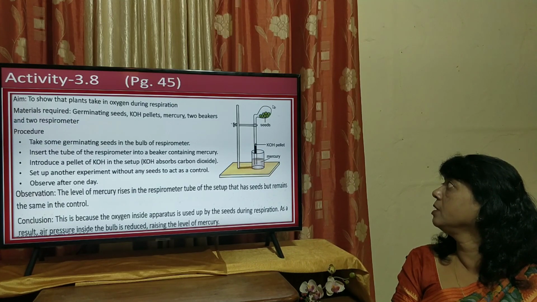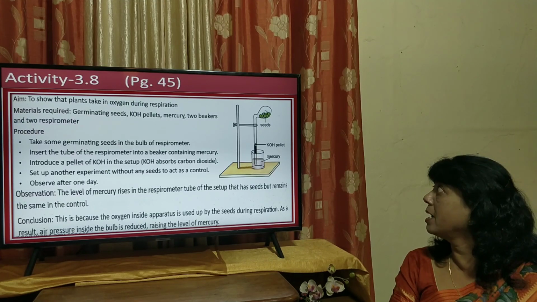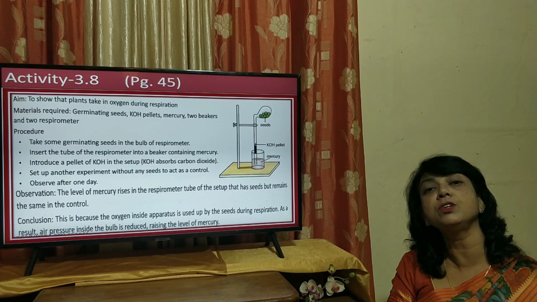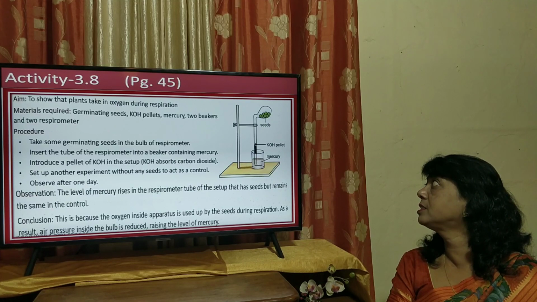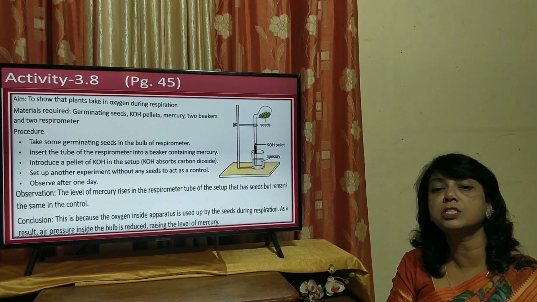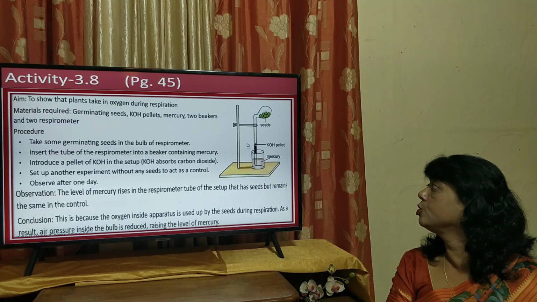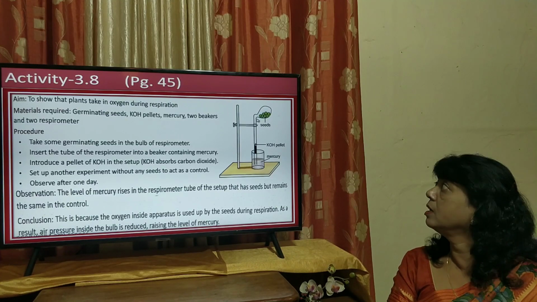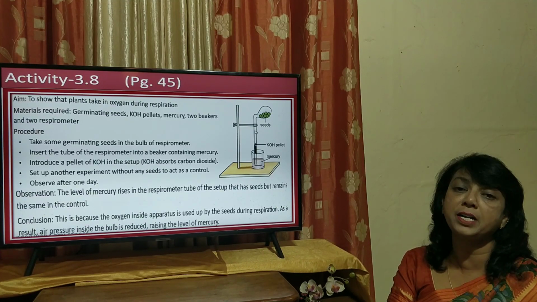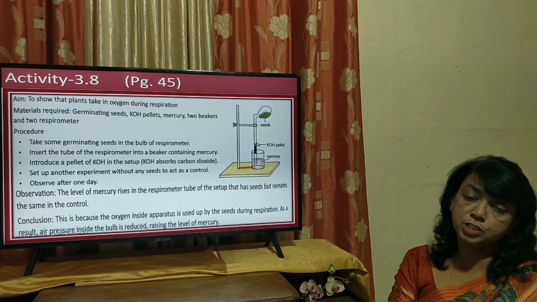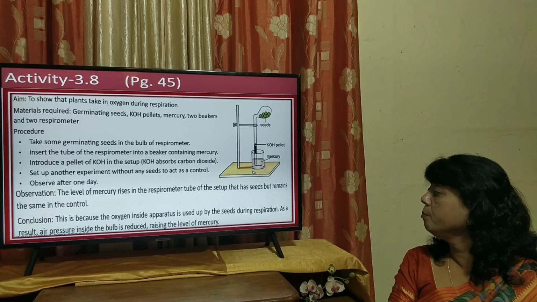Now see, here we had kept germinating seeds, and you know that seeds respire. During the process of respiration, they take in oxygen and they give out carbon dioxide. So when the seeds were respiring, they used up all the oxygen that was present in the bulb or in the tube of the respirometer, and this created a vacuum, and thus caused the mercury to rise up in the tube of the respirometer.